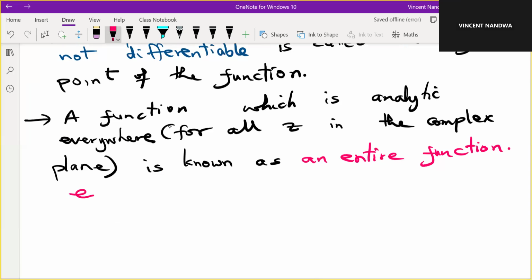So examples: all polynomials are entire functions because they are differentiable everywhere.